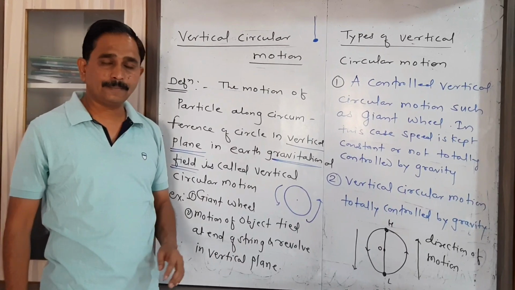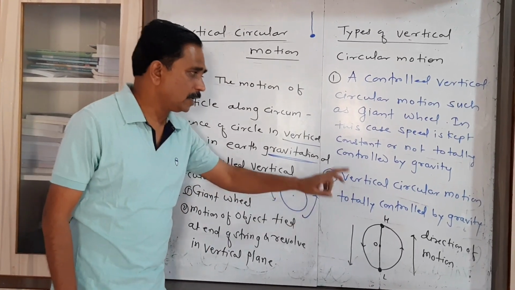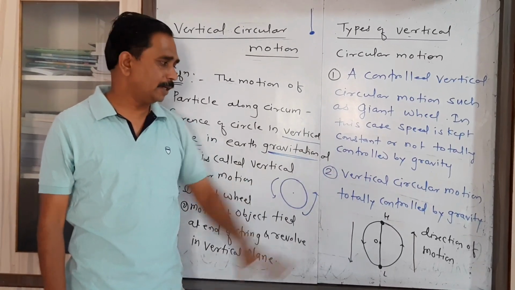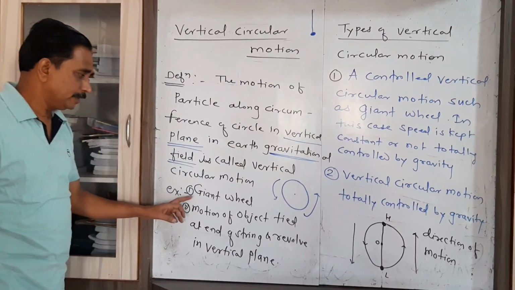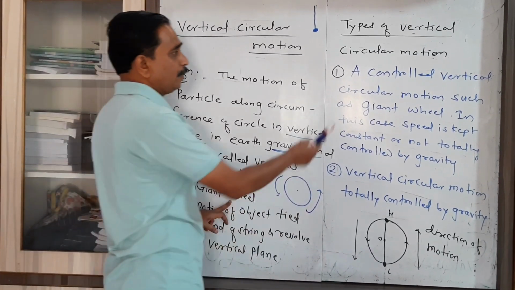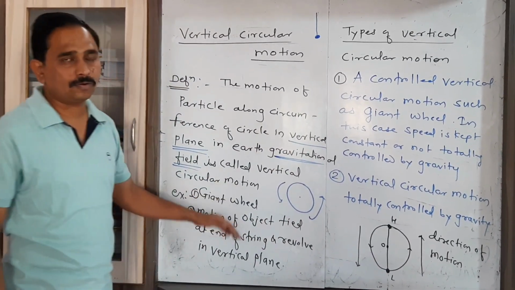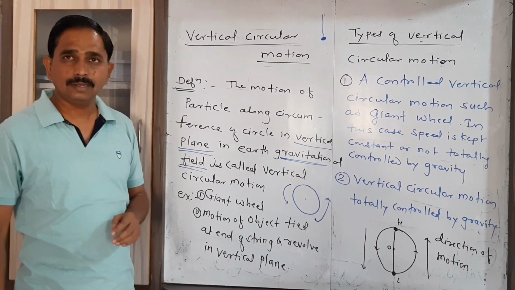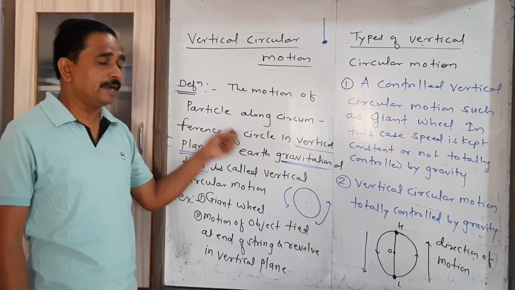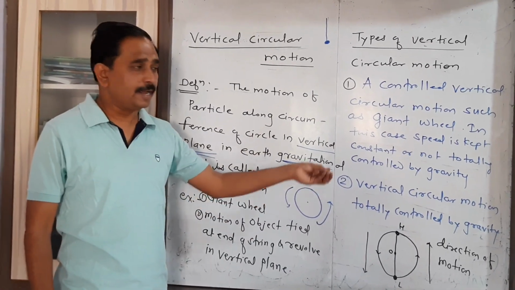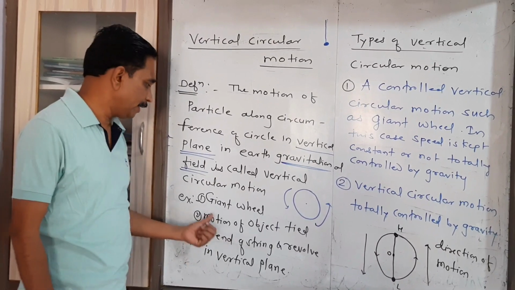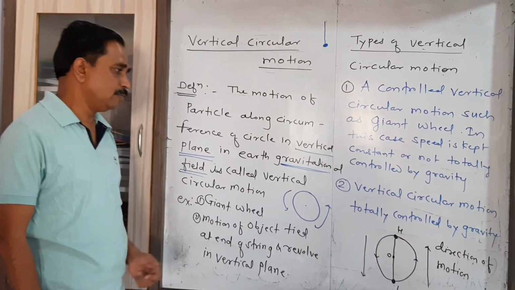And the second one is the vertical circular motion which is totally controlled by the gravity. Now that's why right here the giant wheel is the example of the first type, that is the controlled vertical circular motion. Why is it called controlled vertical circular motion? Because its motion is controlled by another source, that is the power which runs that vertical circular motion.